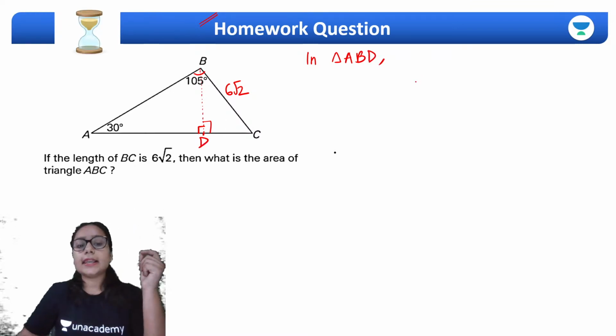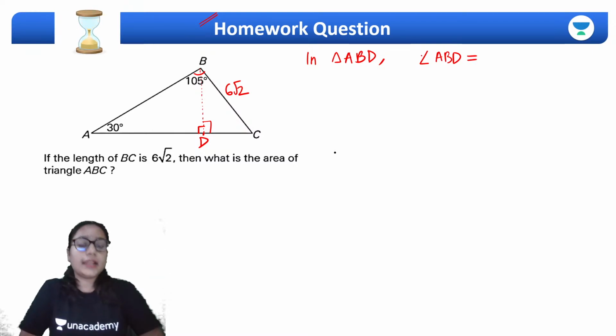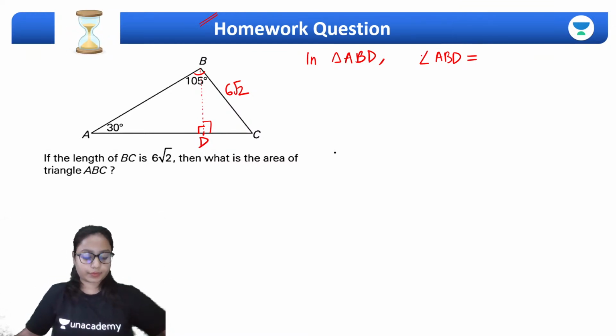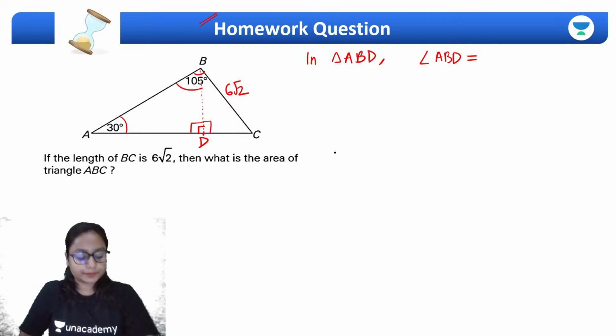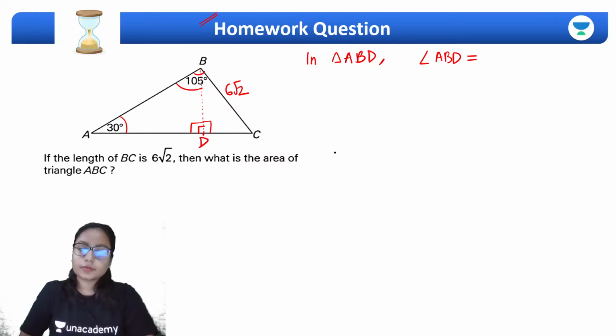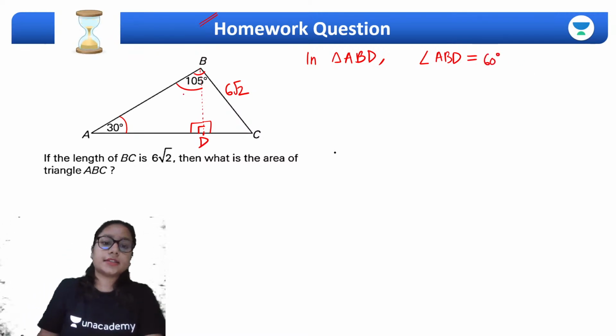In triangle ABD, can you tell me the value of angle ABD? This angle is 30 degrees, this is 90 degrees, so this angle will be equal to 60 degrees.